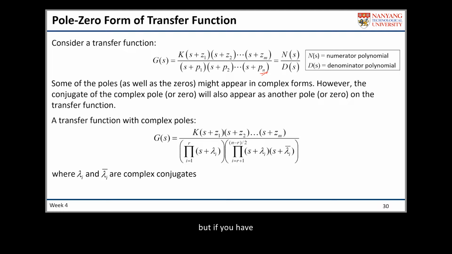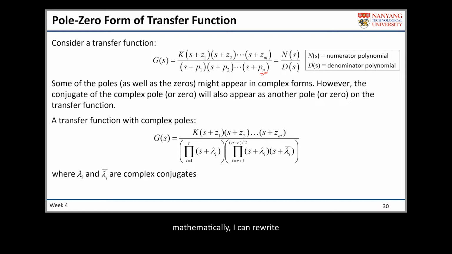If you have a pole in complex number, the complex pole will never be alone. It will always be accompanied by the conjugate of that complex number. So again, if p1 is real, p2 is real, p3 is complex, there will be another pole, probably p4, which is the conjugate of the complex pole p3.